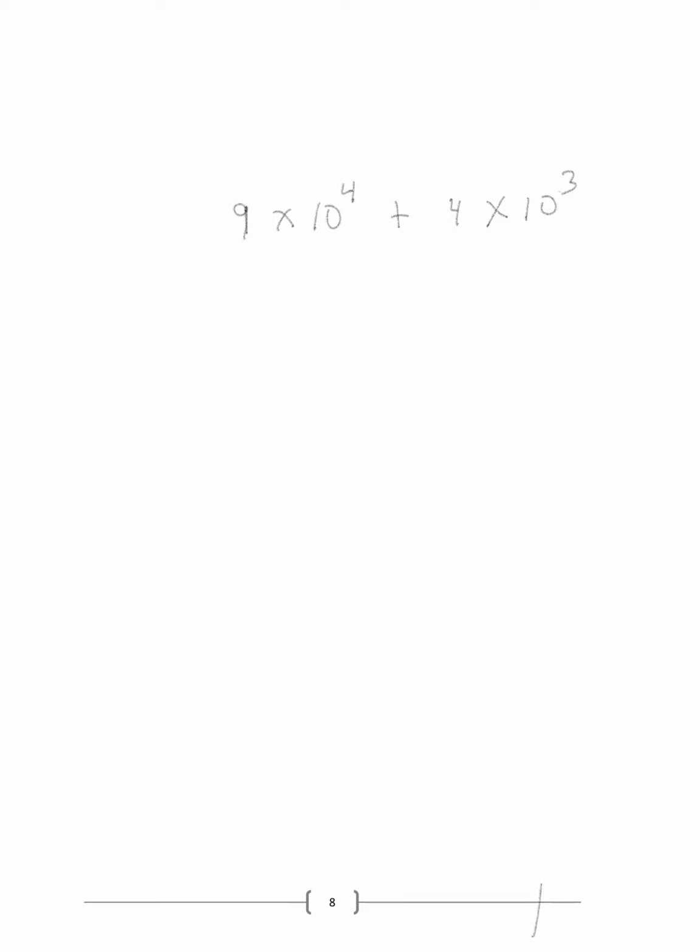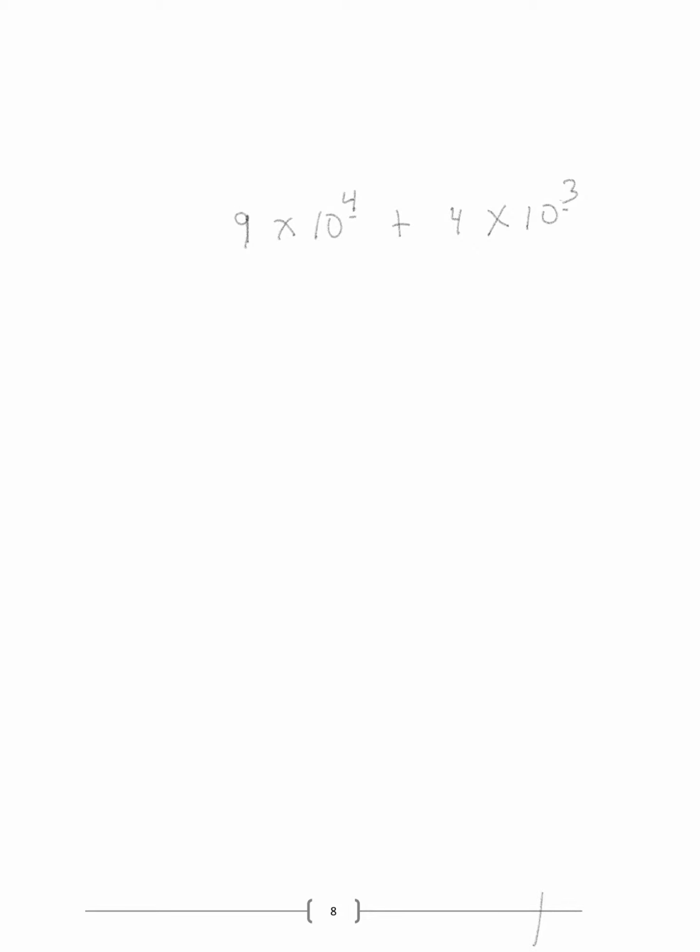These exponents are not the same, so I can either make them both 4 or both 3. In this case, why don't we make them both 4? I have to make this 3 a 4, so I need to add one to it. So I can move the decimal place on the 4 one place to the left, and by doing so, I would add 1 to the 3.